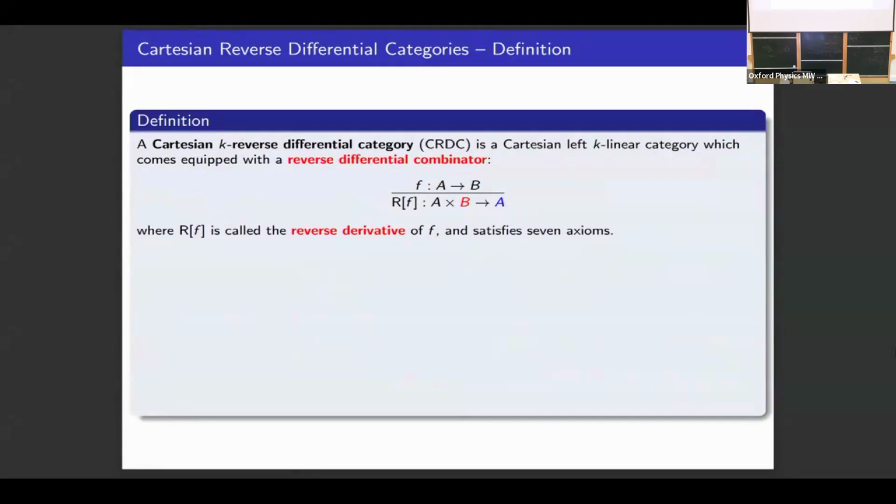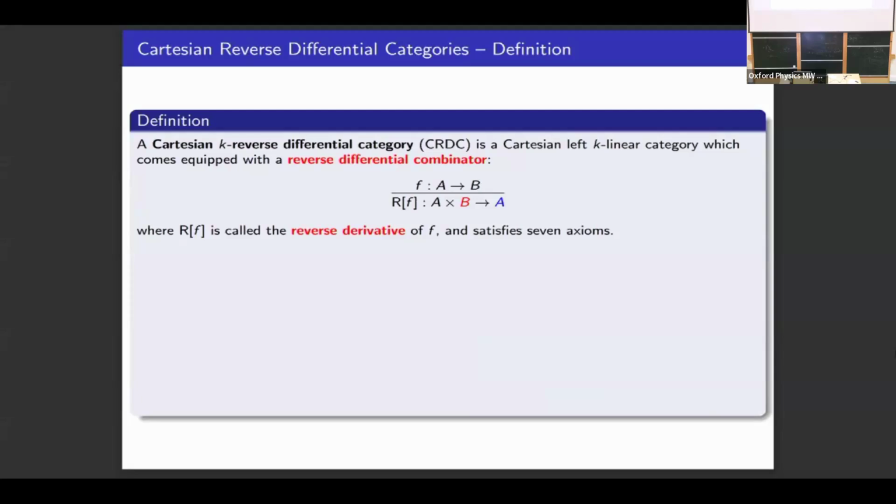And the A in my domain now appears in my codomain. This is why I like using colors, because it allows me to keep track of things. It's called reverse mode because you're inputting an output that you originally had. And again, this is going to satisfy 7 axioms.